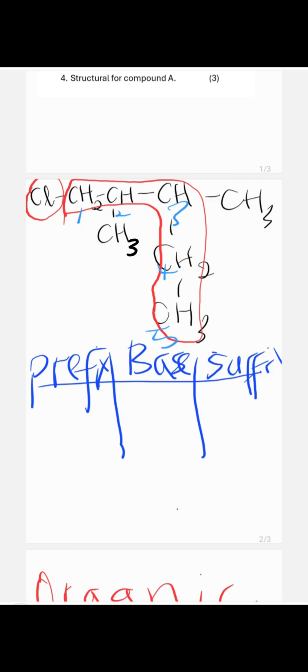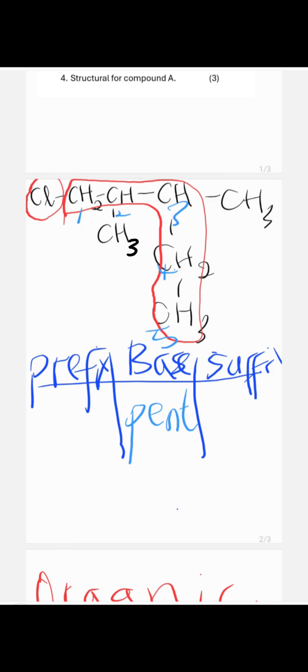The base tells us the parent name, as to how many carbons we find in the longest carbon chain: 1, 2, 3, 4, 5. So that means somewhere in the name that I'm going to use for this organic compound I must see pent somewhere. It's a necessity, because there are 5 carbon atoms in the longest chain.